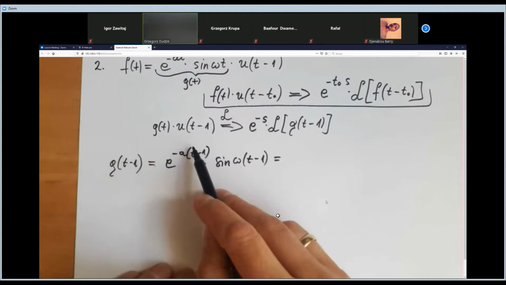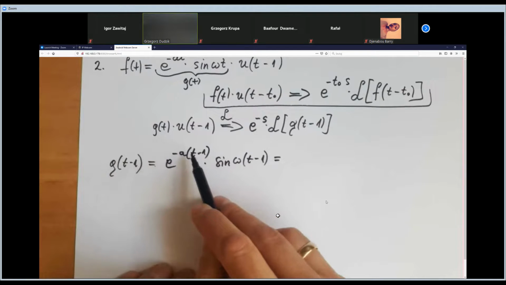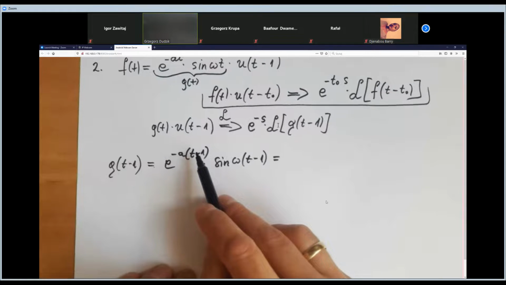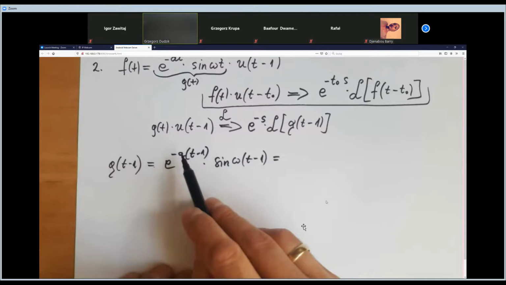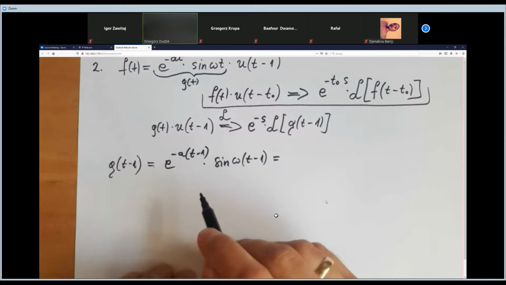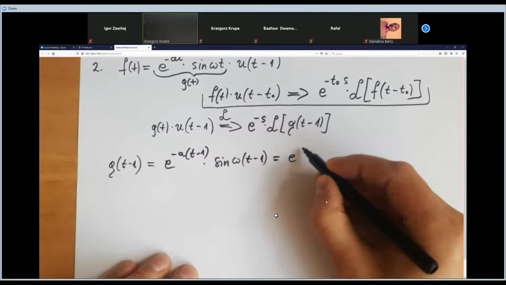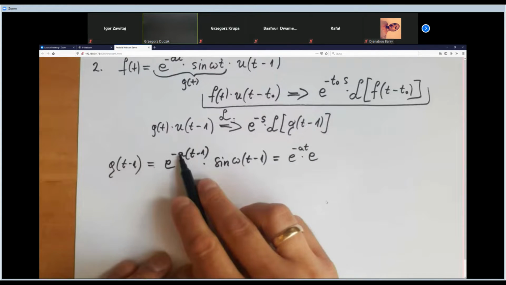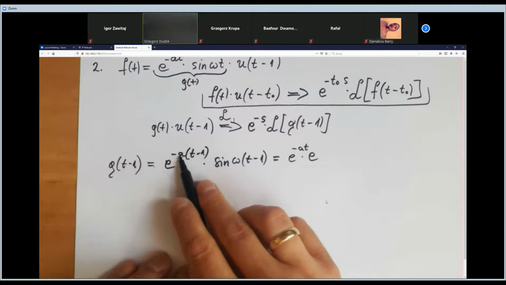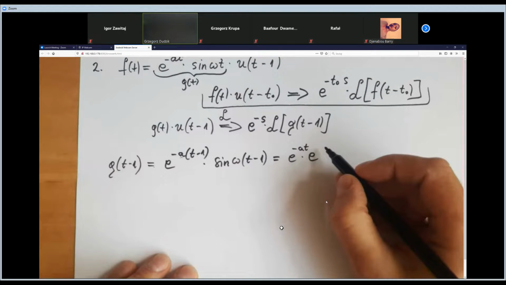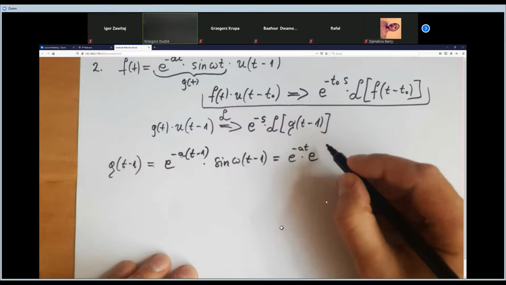If we have a sum of some components in the power, in fact, this is the same as the multiplication of the exponential function raised to each component that exists in the power. So in fact, it will be e to the power of minus e t times e to the power of the second component, plus e. Yeah, a times 1 is a, minus and minus gave us plus, so this is the a. That's right.